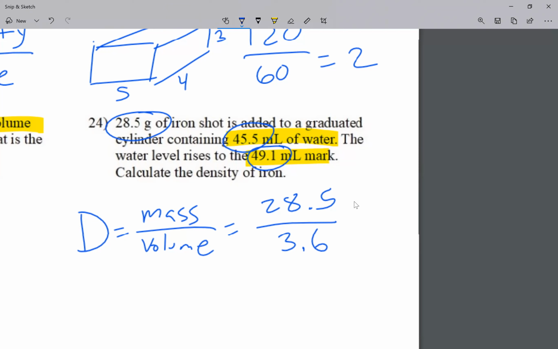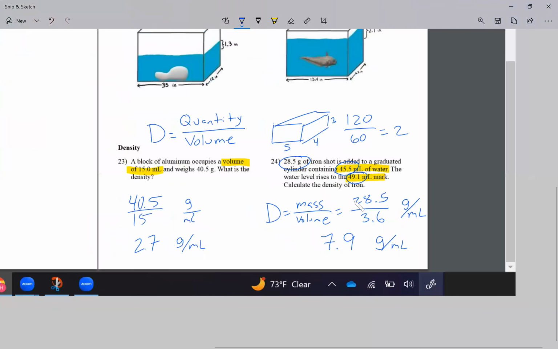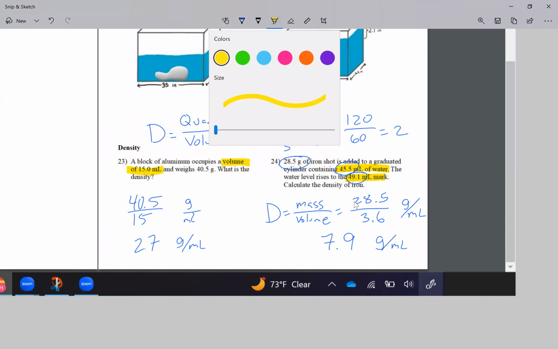So subtract those two values and it's 3.6. So my density here, let me just write grams per milliliter. That's my measurement here. So I'm just going to go 28.5 divided by 3.6. Let me round this to one decimal place because I don't want to write too many numbers. Let me call this 7.9 grams per milliliter.